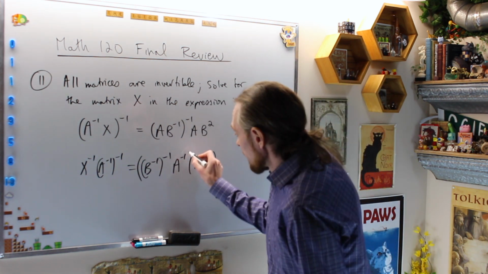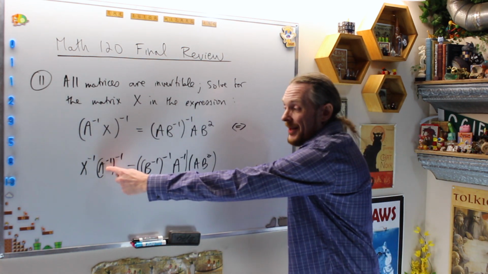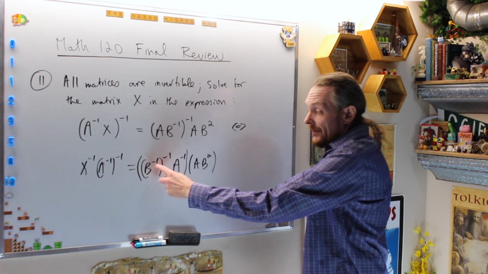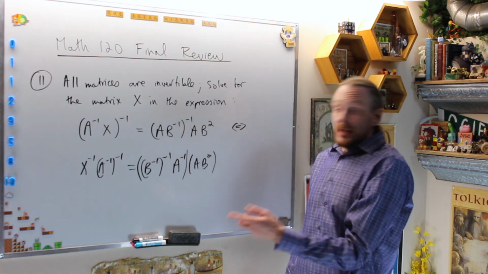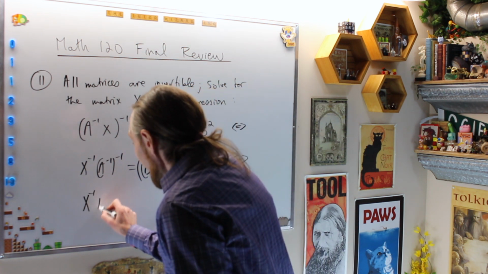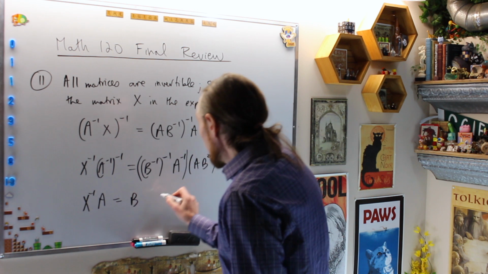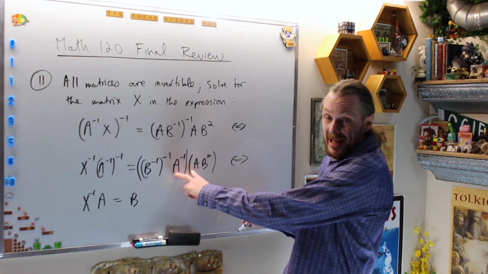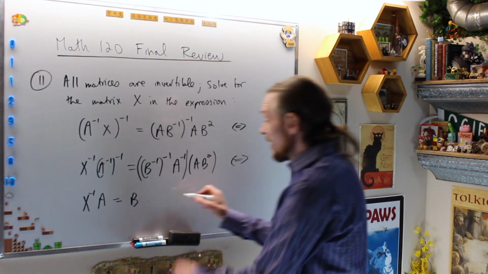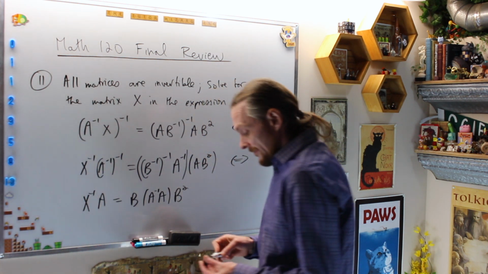This was in brackets, notice. Now I'm using the property that the inverse of an inverse is the original: A inverse inverse is A and B inverse inverse is B. That gives me, if and only if, X inverse A is equal to B, and now I'm going to associate, I am allowed to associate matrices, so this is A inverse A B squared.